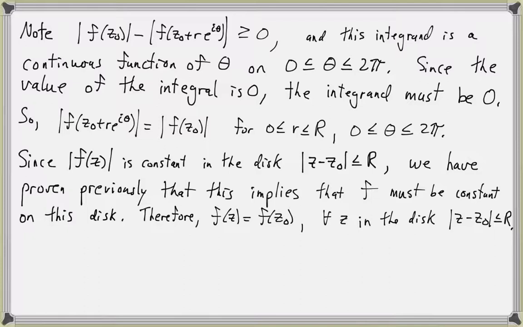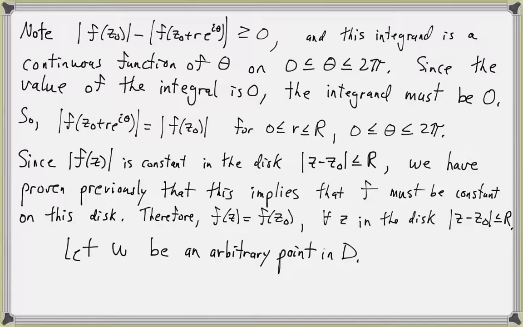Now we will extend this to show that f must be constant on the whole domain D. So I'm going to let W be an arbitrary point in D. And we're going to show that f of W must also equal f of z0.